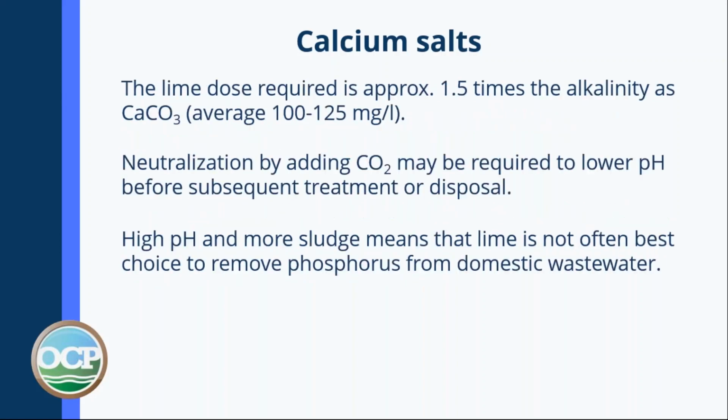The lime dose required is usually 1.5 times the alkalinity as calcium carbonate, which typically averages 100 to 125 milligrams per liter in wastewater. Neutralization by adding CO2 may be required to lower the pH before subsequent treatment or disposal. High pH and more sludge means that lime is not often the best choice to remove phosphorus from domestic wastewater.